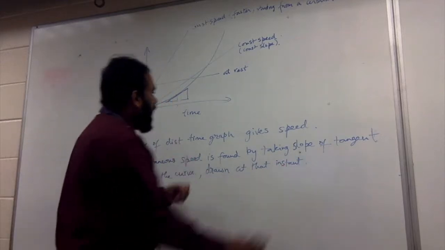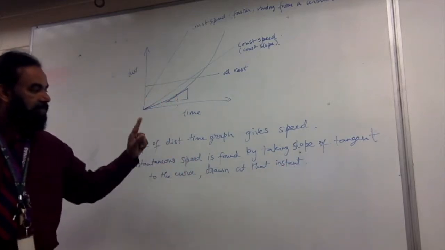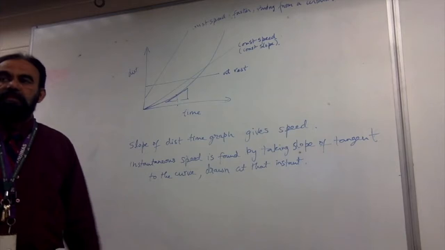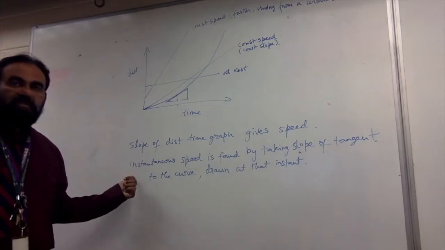So you're going to take the tangent of the curve drawn at that instant, and you find the slope of that, you'll get instantaneous speed.